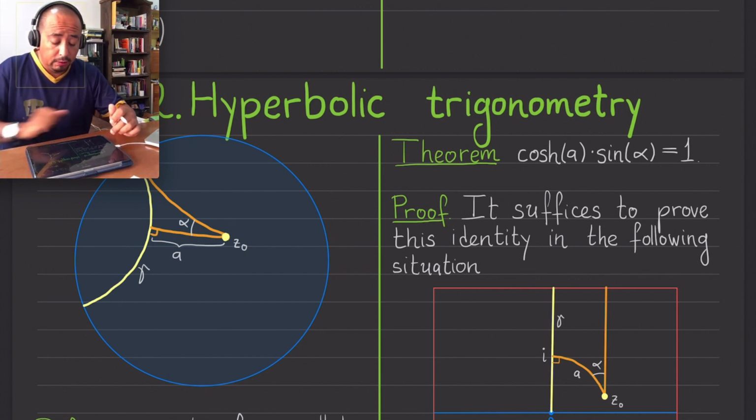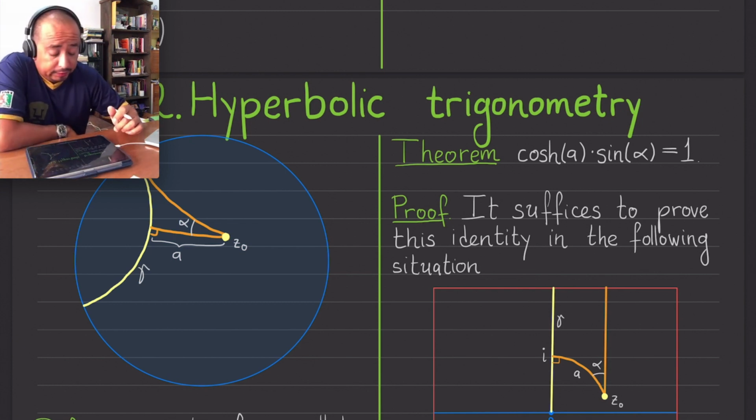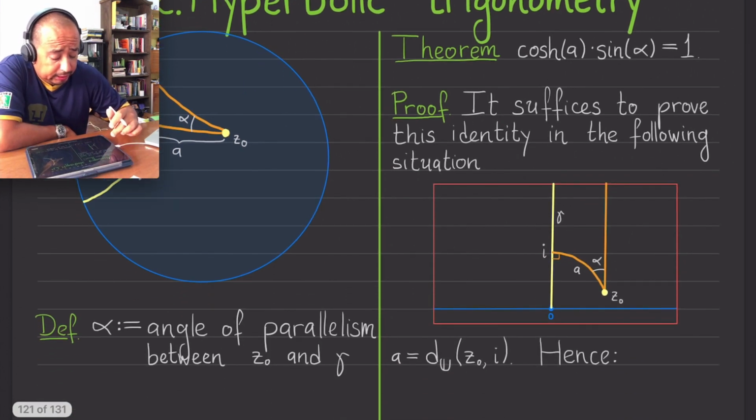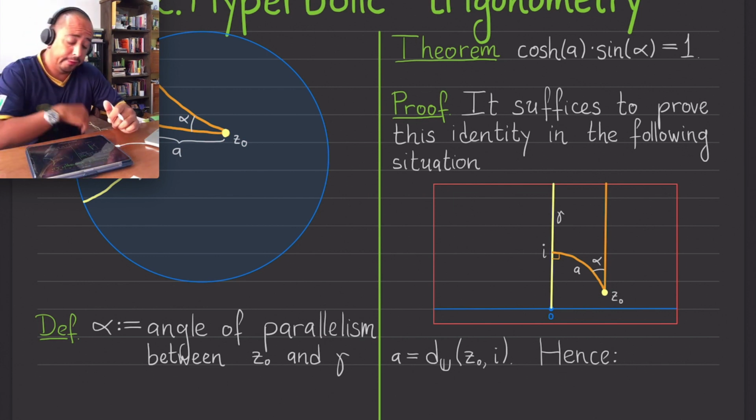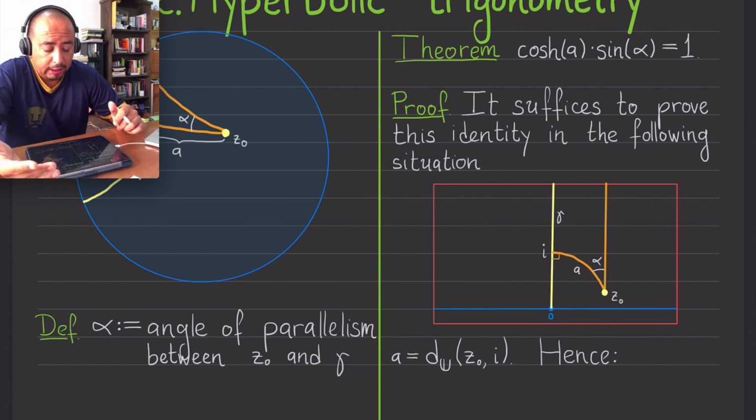Okay, so let's prove it, or at least sketch the proof. Up to applying isometries, first of all, it suffices to prove this theorem in the upper half plane, of course.